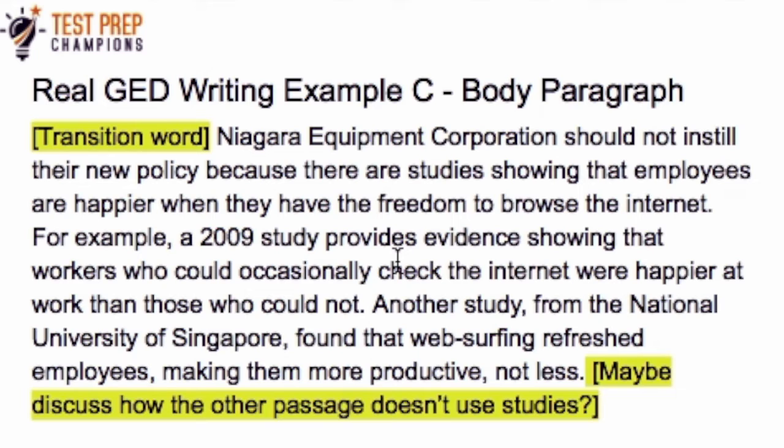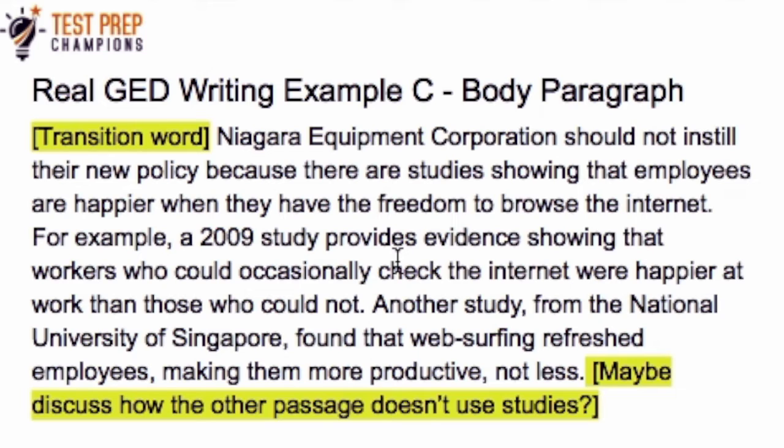So one way I think this could be improved would be to add another sentence or even a couple sentences showing how the other passage doesn't do this. You could say, the other person argues against letting employees have the freedom to browse the internet, but they're using opinions and they're not stating facts from a study.